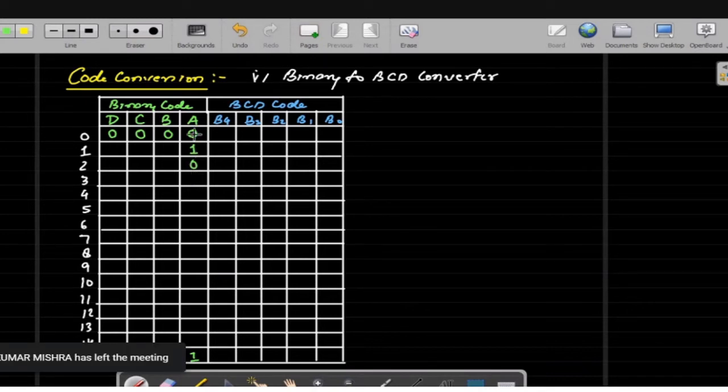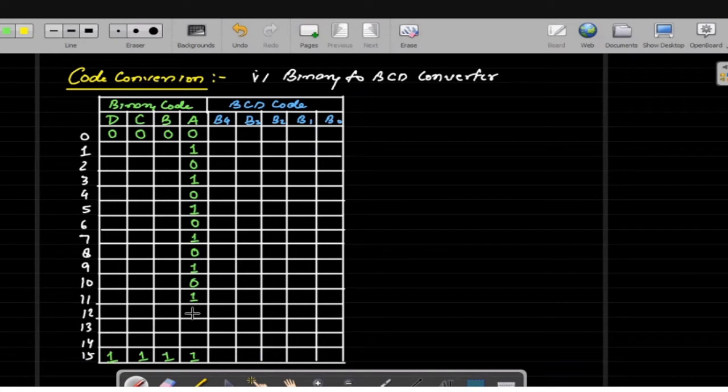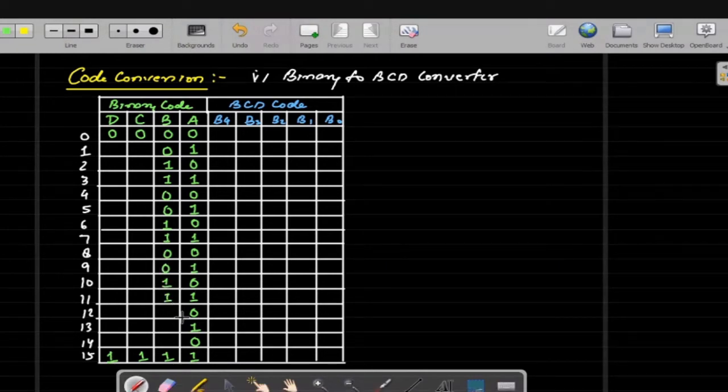0 1 0 1 0 1, and so on. Okay, then 2 zeros and 2 ones. Yes sir. 0 0 1 1 0 0 1 1, again 2 zeros and 2 ones.